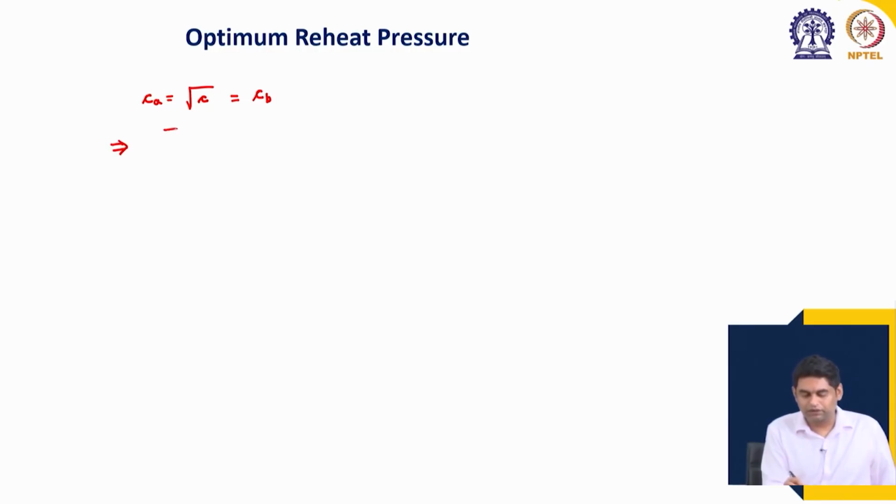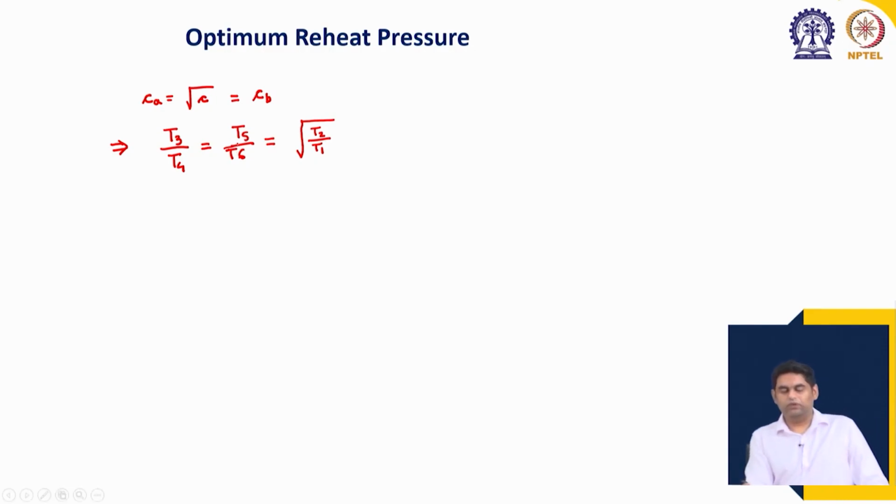It means that T3 by T4 is equal to T5 by T6 is equal to root over T2 by T1. T5 by T6 is equal to root over T2 by T1.